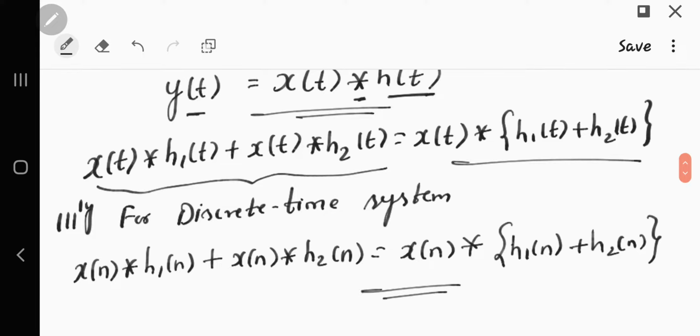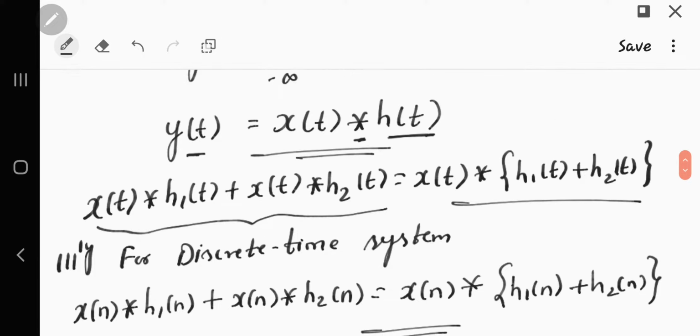So, this is the distributive property the system will possess when it is connected in parallel. Okay. So, this is the first system interconnection property.